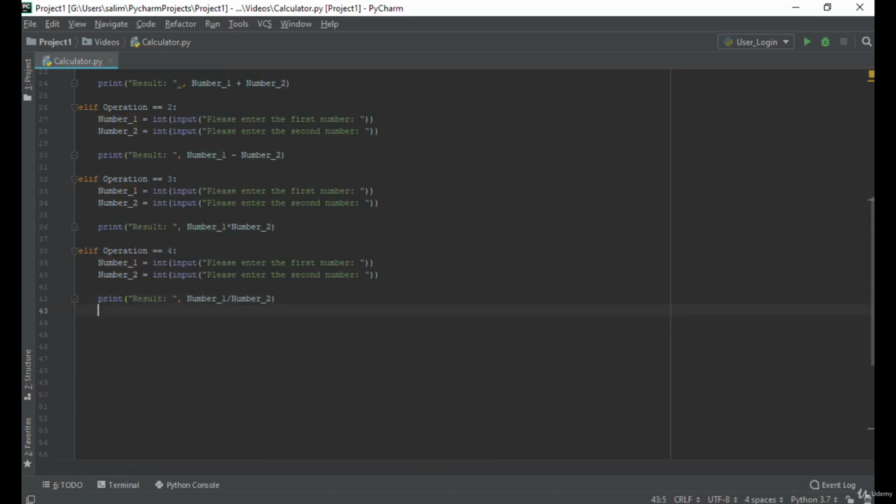And then the fifth one is exponent. So create a variable named number1 and ask for the value to be entered by the user.